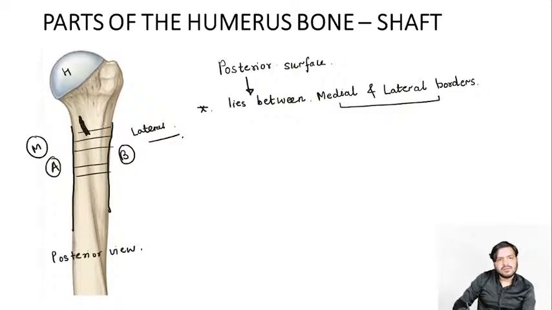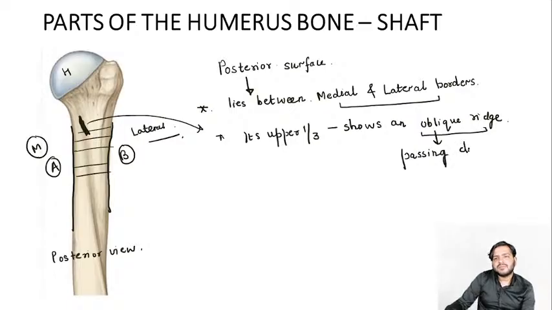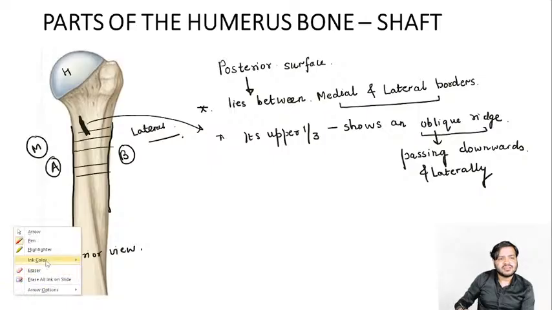Okay, so write down that its upper one third shows an oblique ridge, and remember which is passing downwards and laterally, and remember over here a muscle is attached.